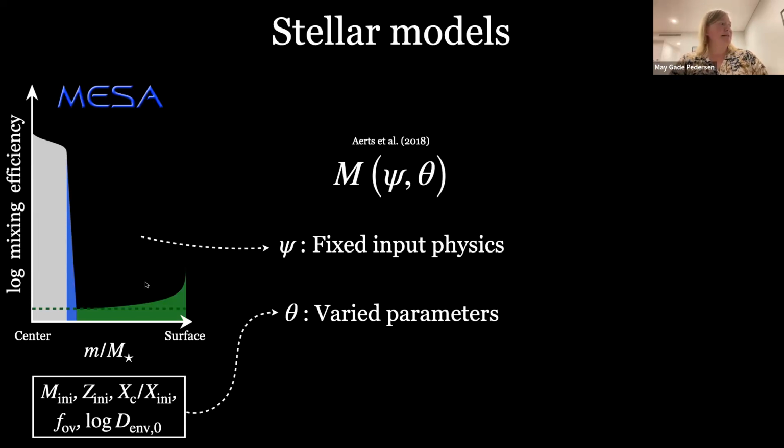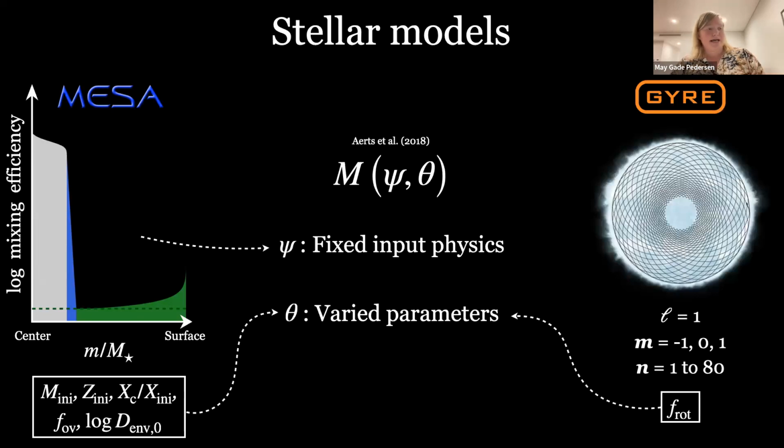The stellar models themselves we computed using the stellar structure and evolution code MESA, and we derived their oscillation properties using the pulsation code GYRE. And from GYRE, we add an additional free parameter, being the rotation frequency of the star.